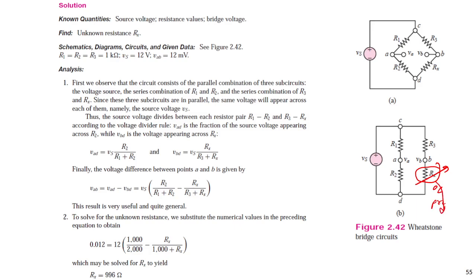This is a variable resistor, and we measure the voltage between A and B. VAB will represent the value of Rx, because VAB depends on Rx here. We just scale our meter.